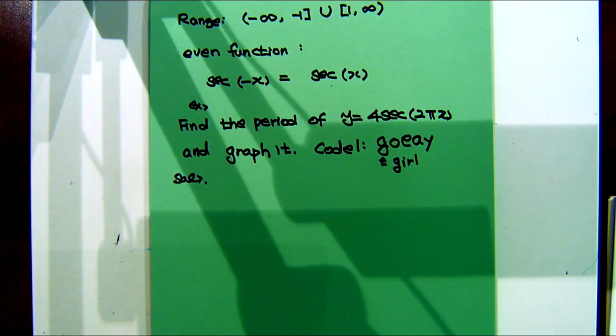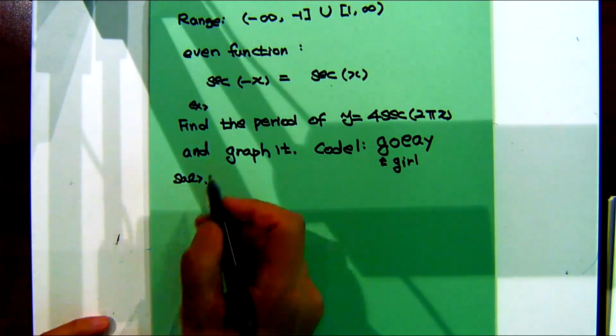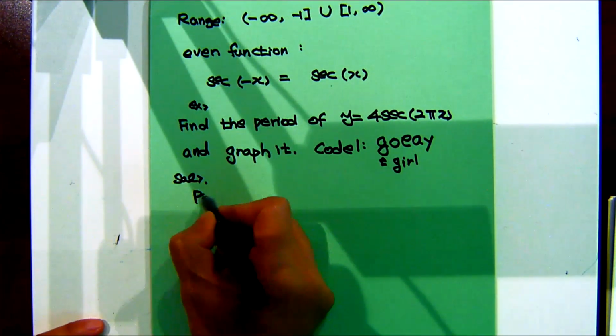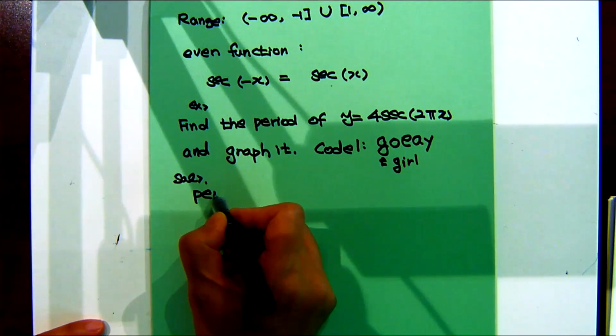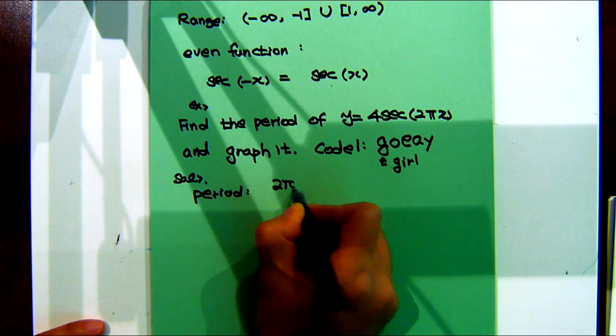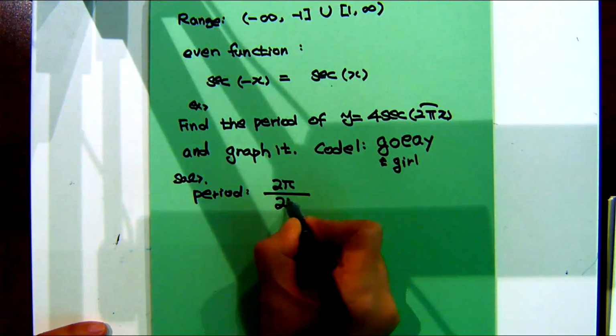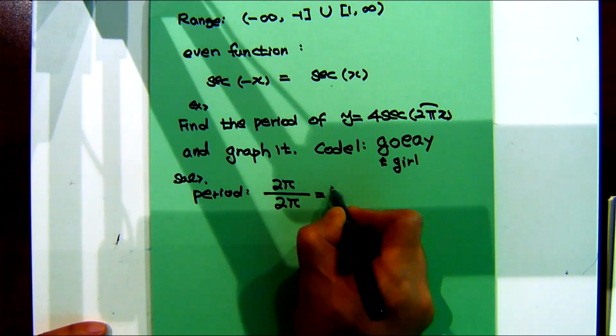We want to calculate the period first, as we did, and then we will think about the key points, but we will not think about the amplitude because that is not bounded. So the period is 2 pi over this number, 2 pi, that equals 1.